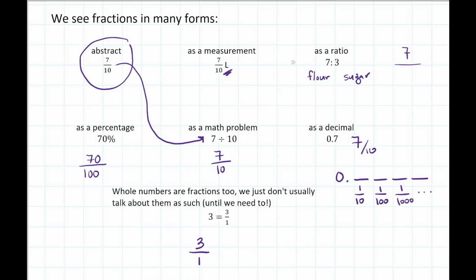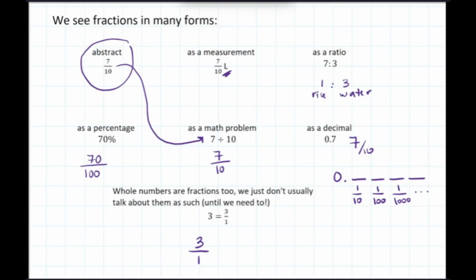So I need to add those 2 parts together to get my denominator. And we'll talk more about those terms like denominator in just a second. But that's just a side note that if you have a ratio, this doesn't just turn into 7 divided by 3. This is saying I have 7 parts of one thing, 3 parts of another thing. So my total is going to be having to add those 2 parts together.